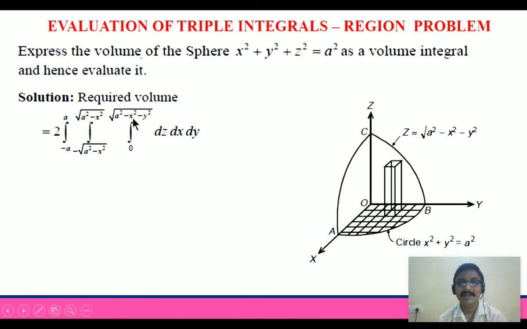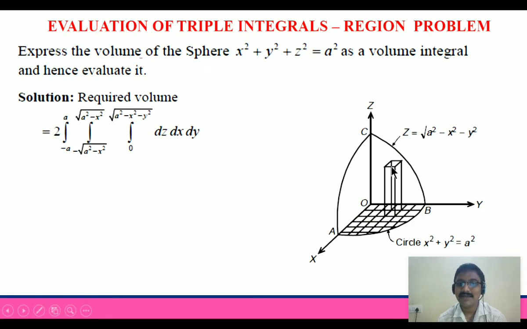So here the limits of z are in terms of x and y, because clearly in this picture z varies from 0 to root of a square minus x square minus y square, because the strip's lower part touches the xy plane, where z equal to 0, and the strip's upper part touches the sphere.